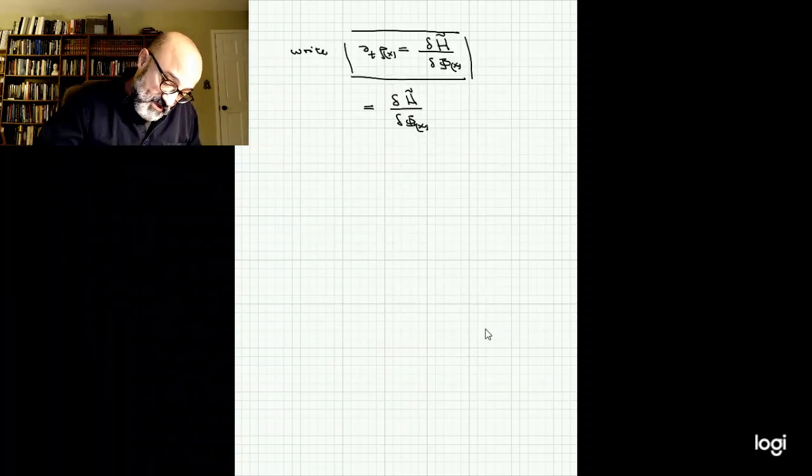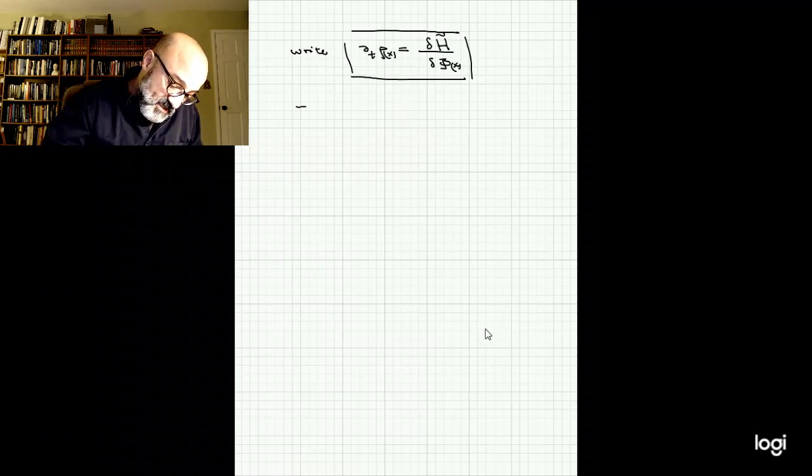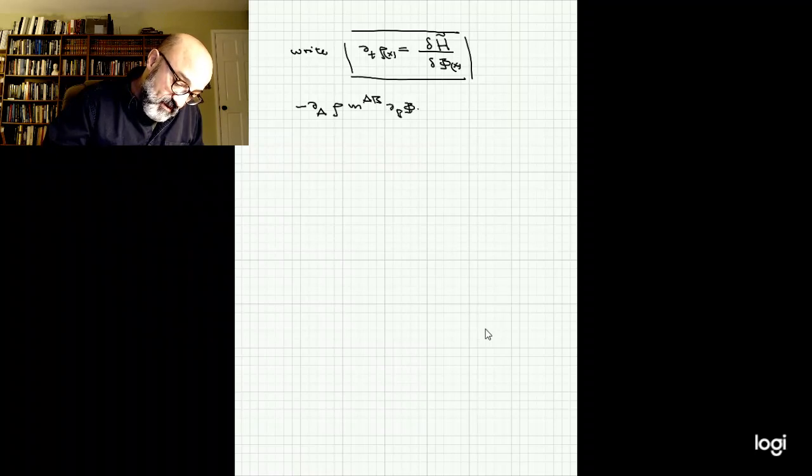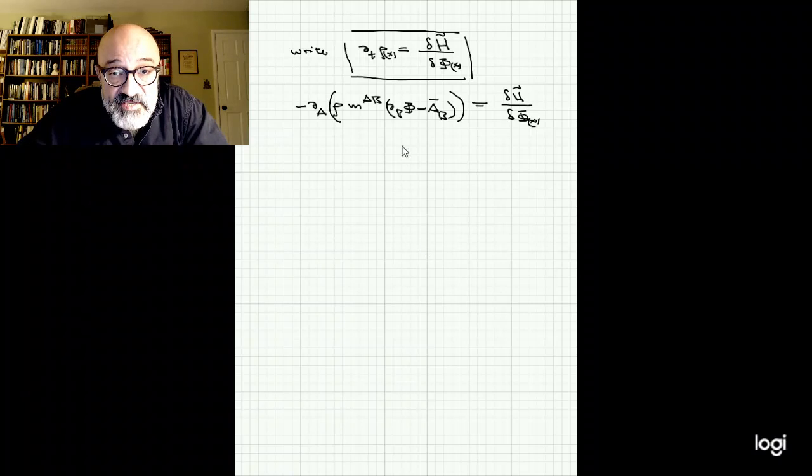So I can write it as minus ∂_a rho m^{ab} (∂_b phi minus A_b) equals the functional derivative δH̃/δphi(x). This equation here is particularly simple. We can integrate it easily.